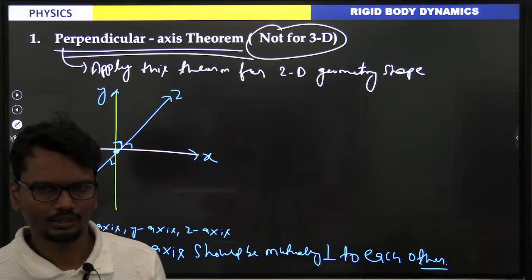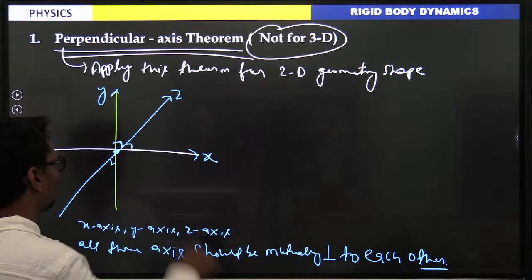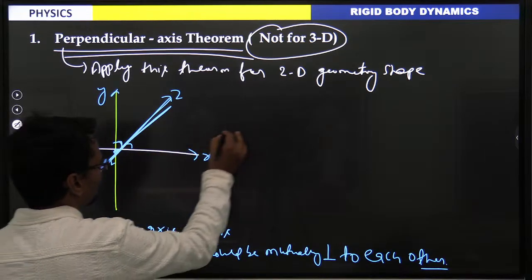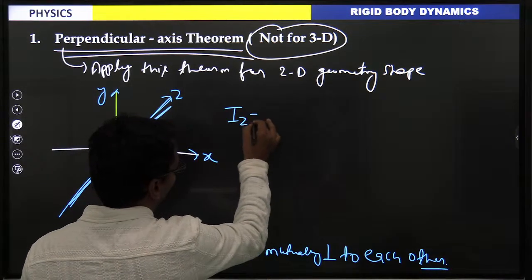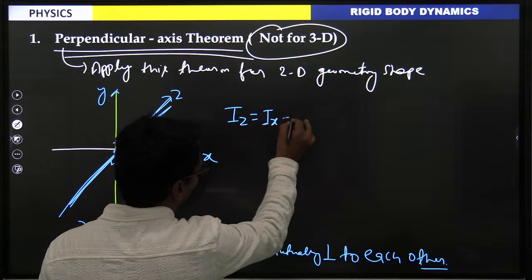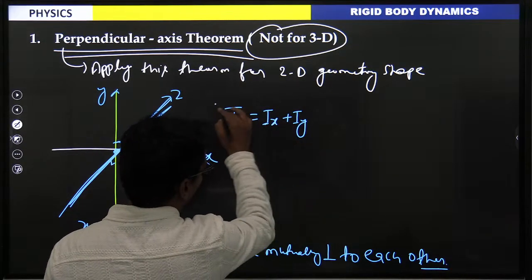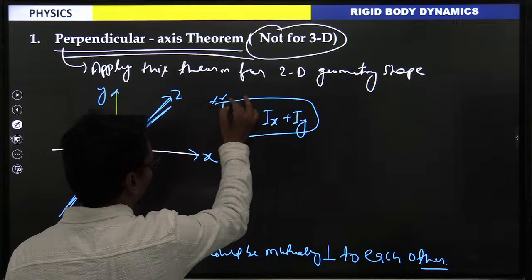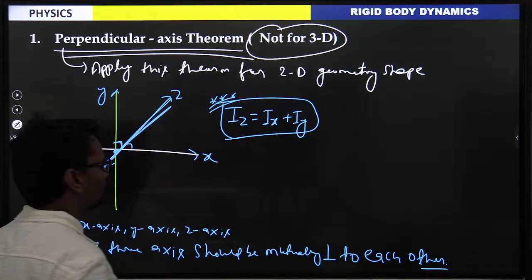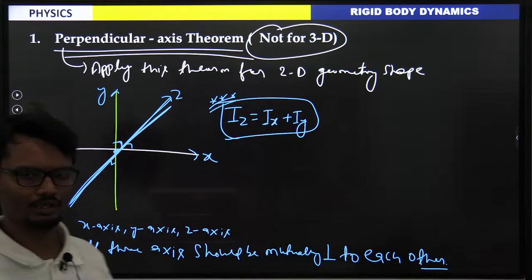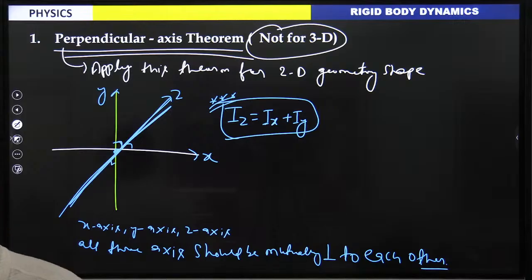Clear? In this case, the moment of inertia about the perpendicular z axis should be Iz equals Ix plus Iy, and you should remember this theorem, and you can easily find the moment of inertia of an unknown figure.